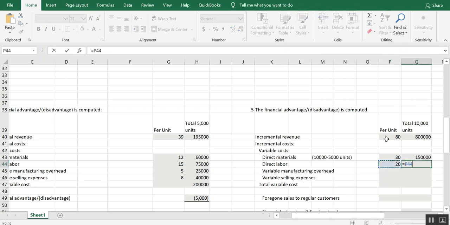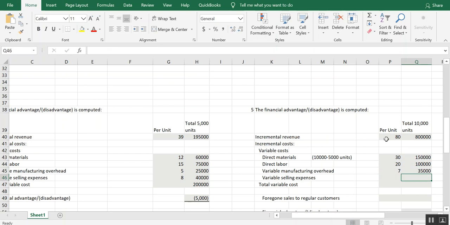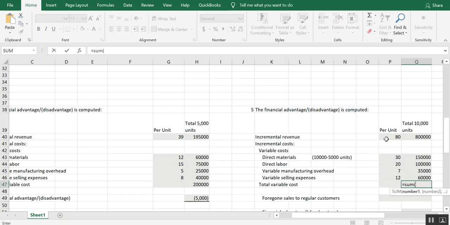We're going to take that times 5,000. And we have variable manufacturing overhead of $7. We're going to take that times 5,000. And then we have variable selling costs of $12 that we're going to take times 5,000. This total variable cost then is the additional cost that we're going to incur by taking this order on.